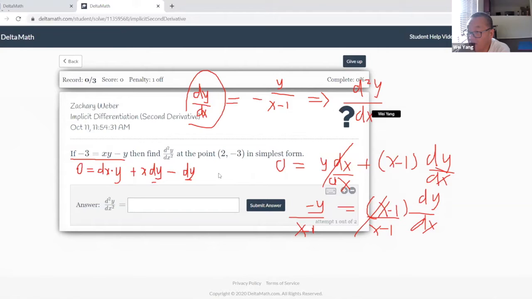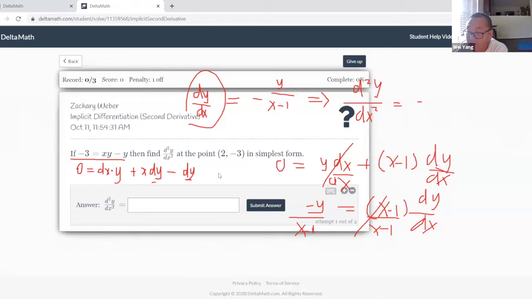This is a division. So the negative, just keep it there. Then the derivative of this function: the derivative of y about y, you get the 1, right?